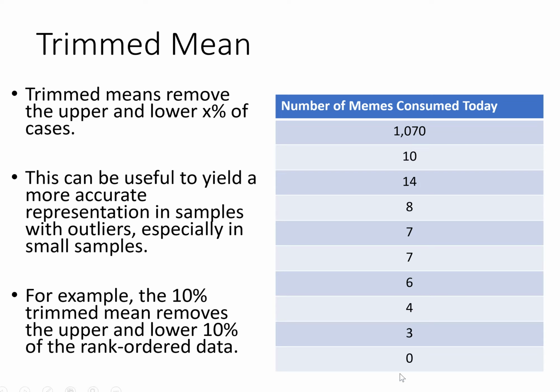So if we wanted to calculate the 10% trimmed mean for this data set, we could just ignore the 1070 and ignore the 0 and calculate the mean for the middle 80% of scores. So the 10% trimmed mean would lop off the top 10% and the bottom 10% when the data are rank ordered, of course. And that can actually be more representative of what is typical in a data set in situations where there are extreme scores or outliers.